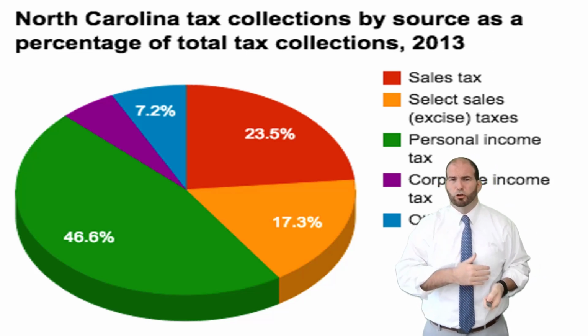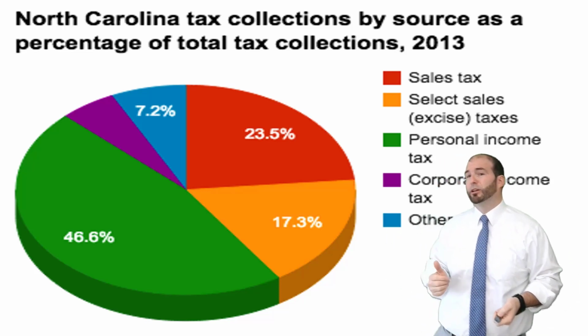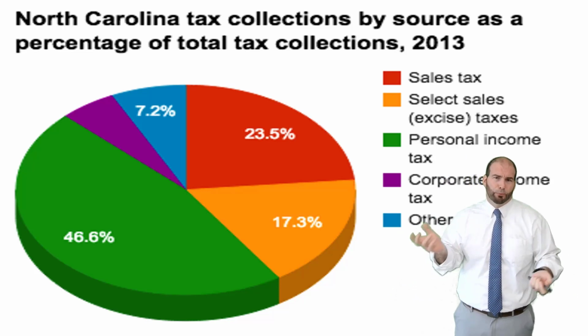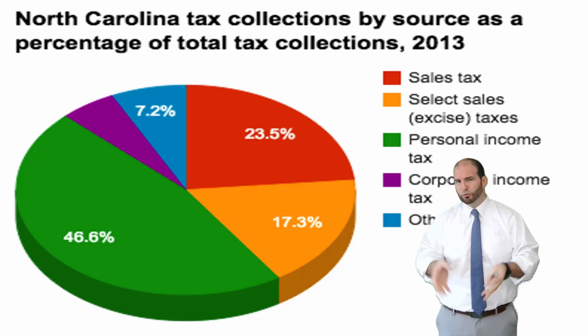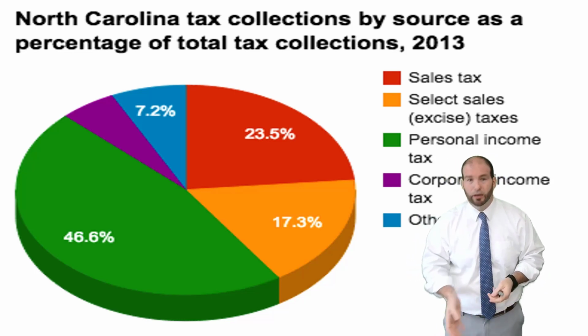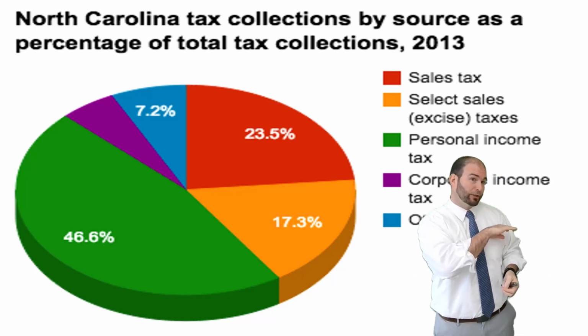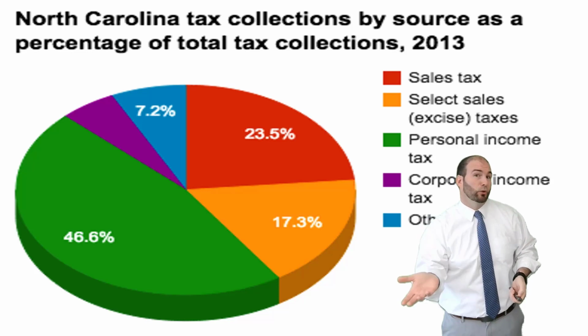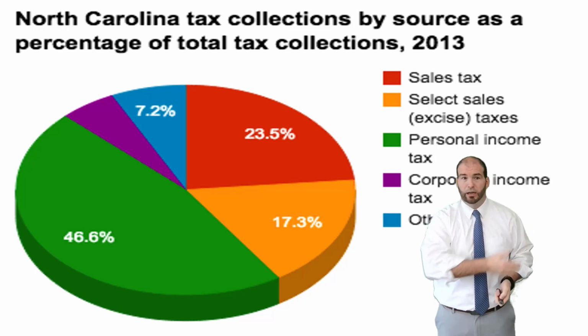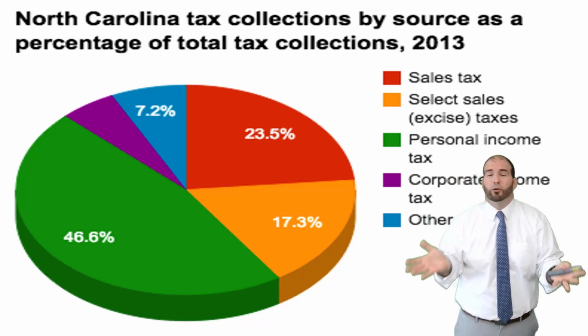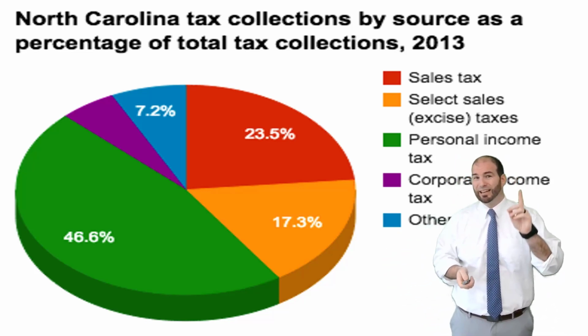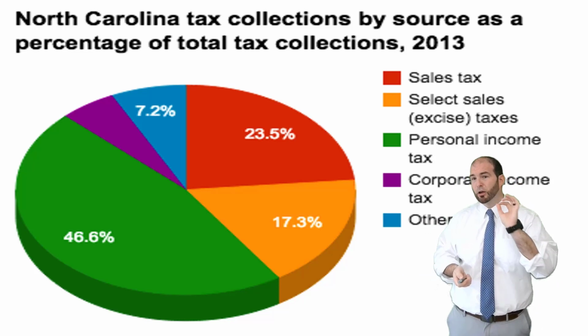If you notice, almost 25%, 23.5% to be exact, of all the money North Carolina takes in is through sales tax, all right? 46.6%, almost half, is through income tax that we just talked about. A quarter of the revenue that the state takes in is state sales tax.